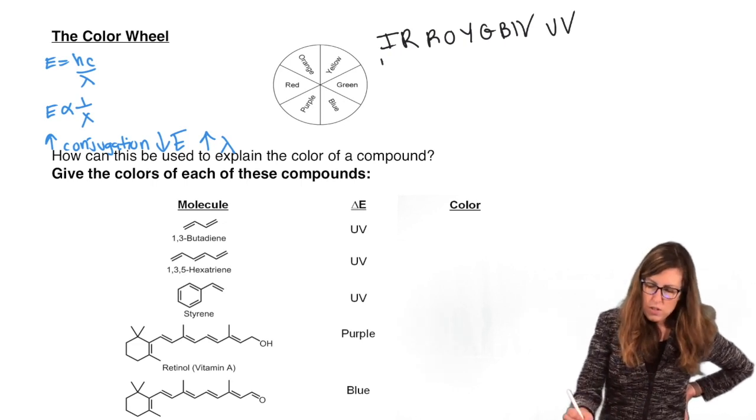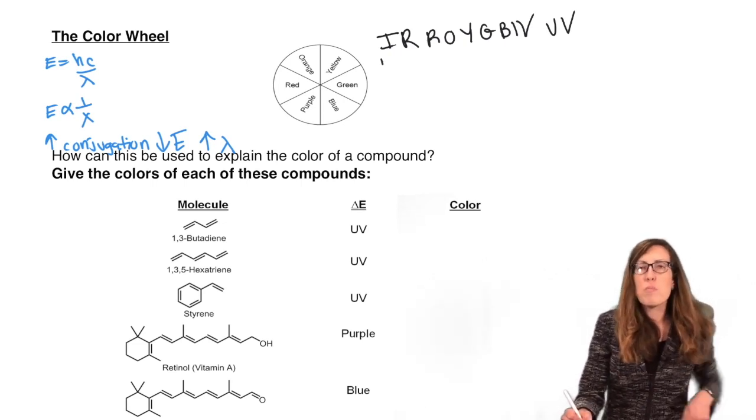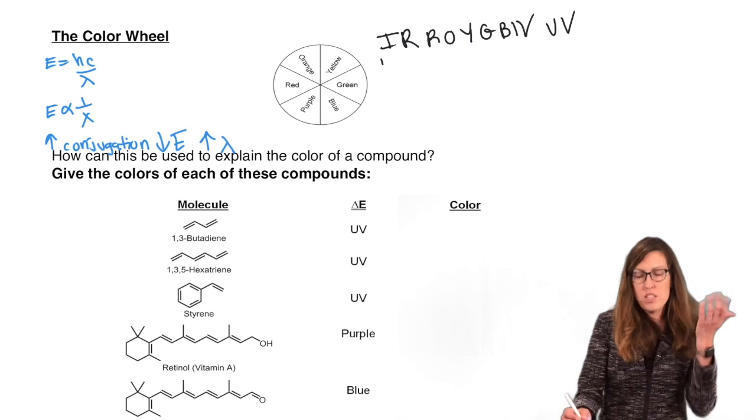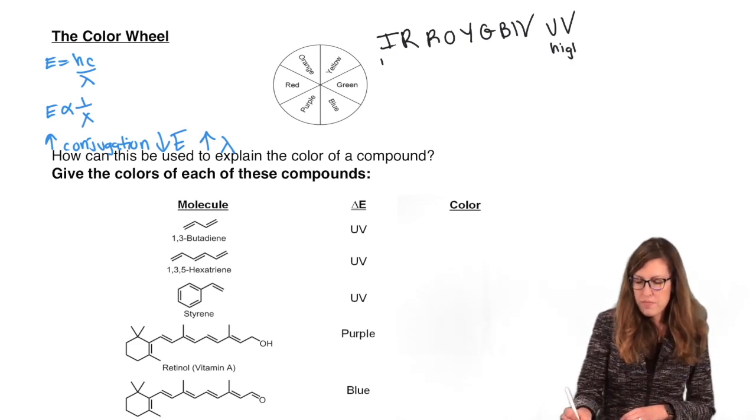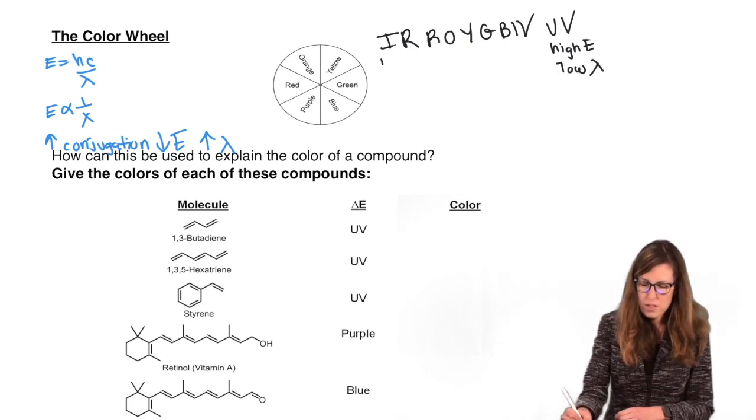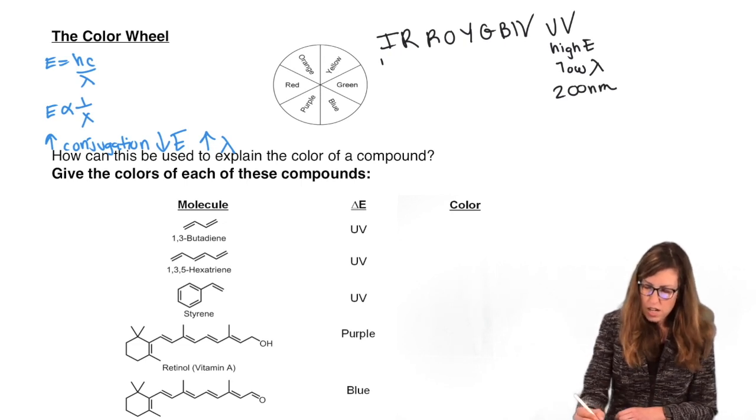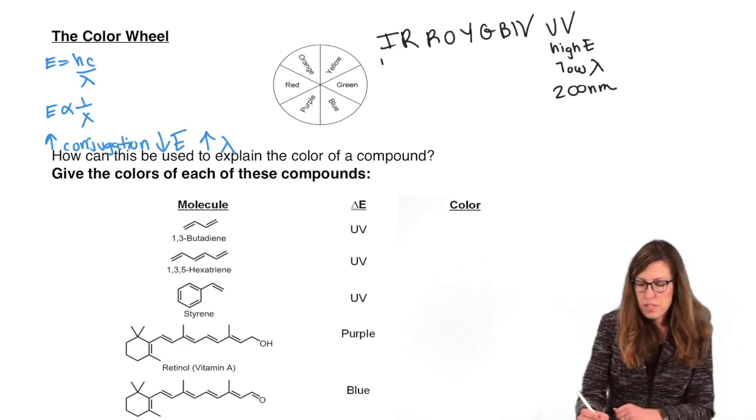And we know that ultraviolet, if nothing else, you can remember that it's bad for your skin. It must be high energy, right? So this is the higher energy end. That means, inversely for the wavelength, it's a low wavelength. Usually it's around 200 nanometers, just for reference. IR is the opposite.